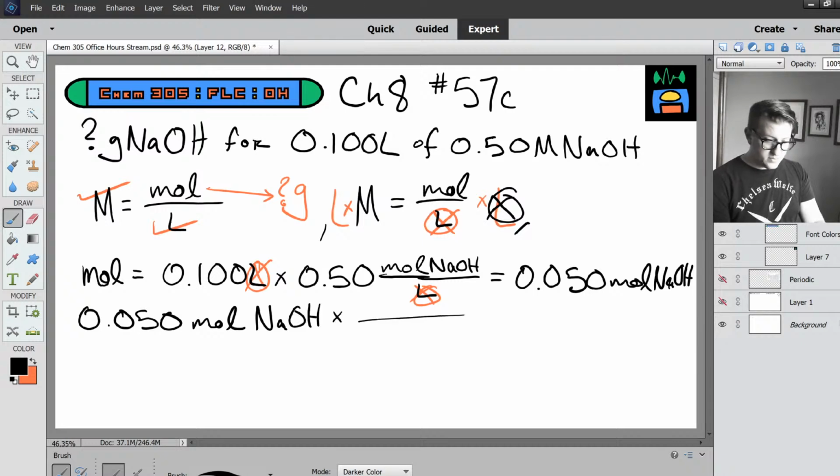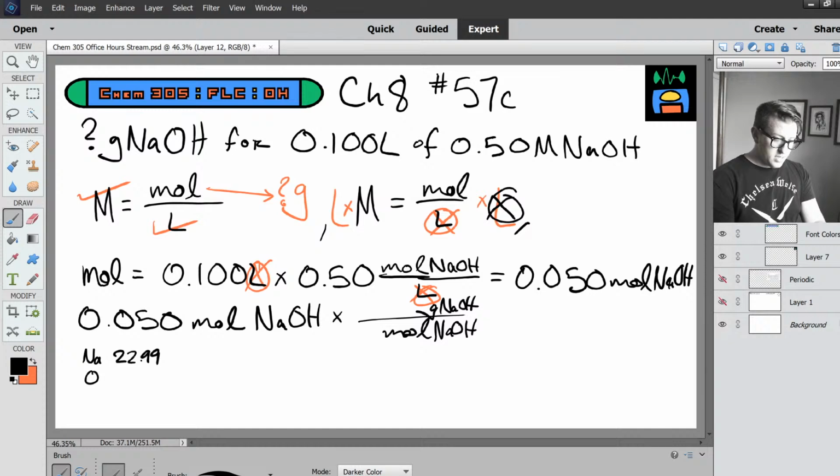And to do this, we need to know what the molecular mass is. Sodium, 22.99. Oxygen is 16.00, and hydrogen is 1.01. So this is all going to add to, oh wow, 40. 40 on the nose.